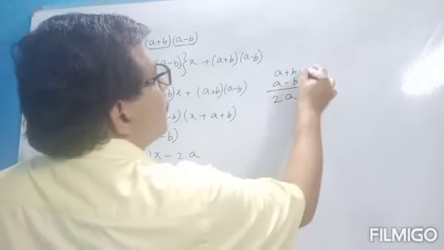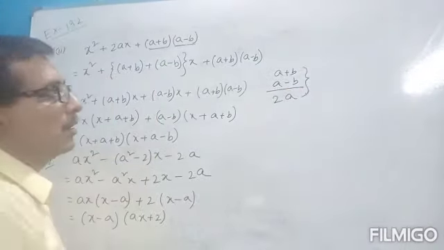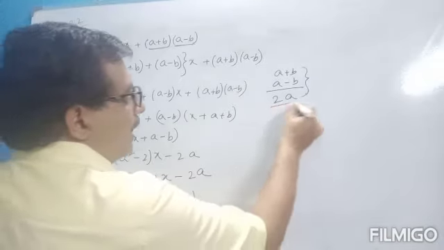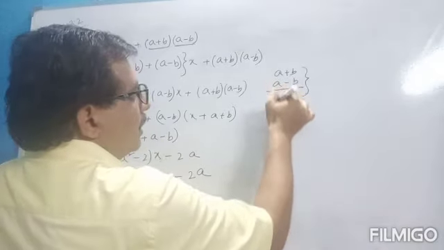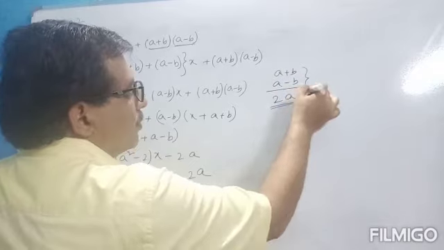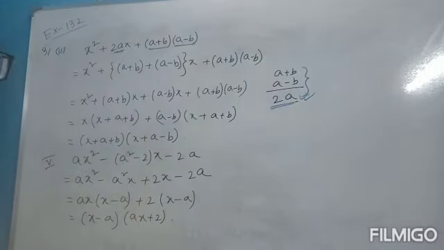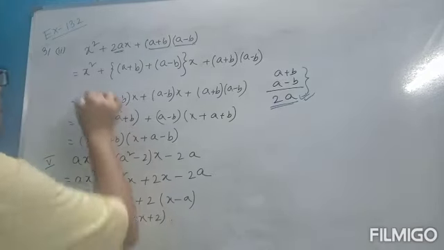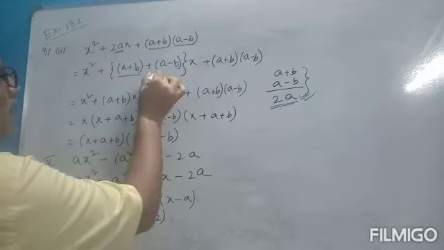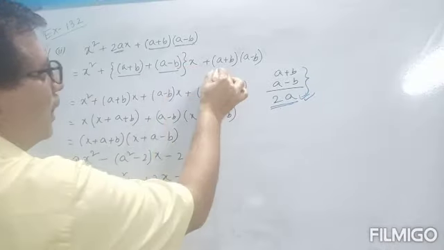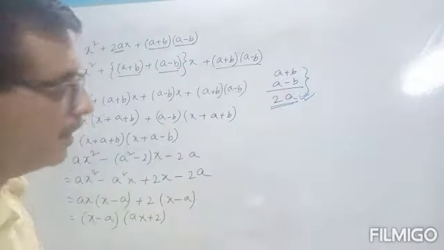If we add these two, a plus a is 2a, b cancels out, so we get 2a. So we can write this as x square plus a plus b plus a minus b into x, and the last term remains intact, a plus b into a minus b.